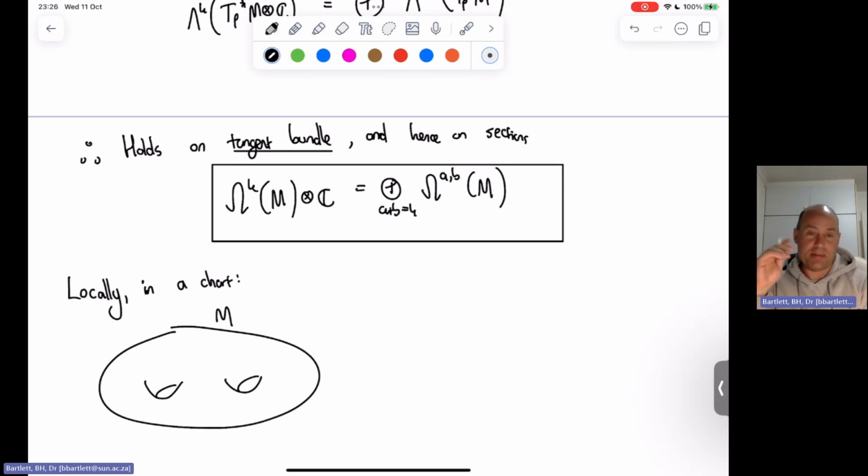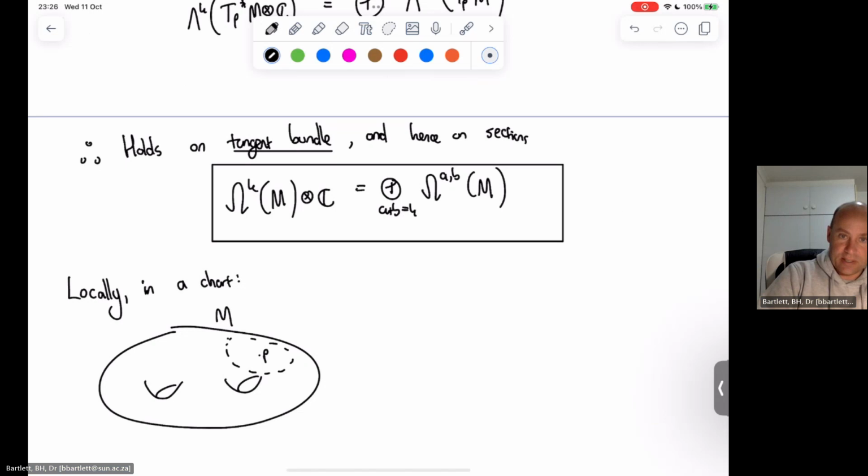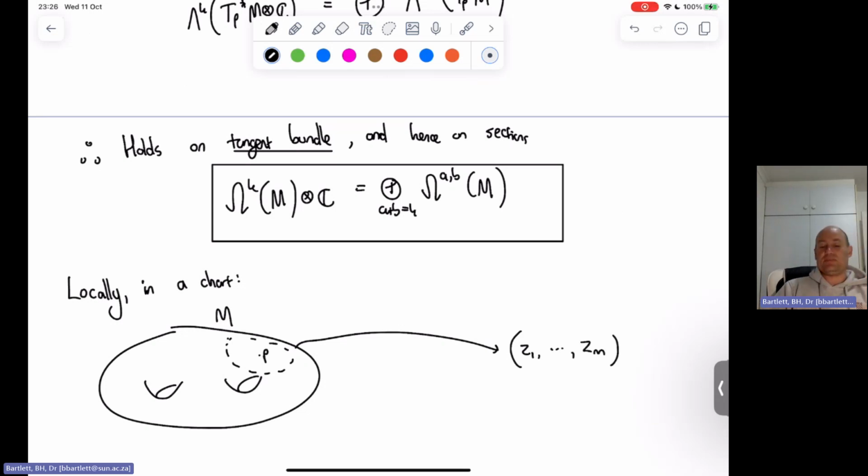So let's understand this. M is a complex manifold. So I've got a point P, and I've got an open set around it, and I've got these coordinates, z1 up to zm. These are holomorphic coordinates on that chart. Now, each of these z's I can write as x plus iy, obviously.